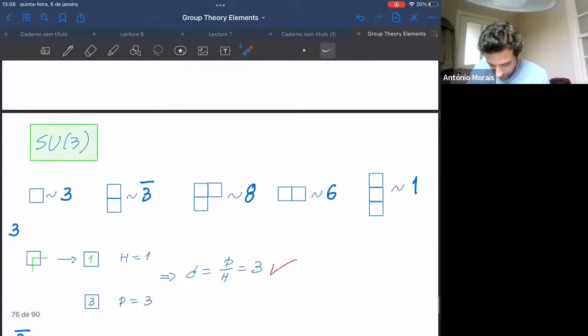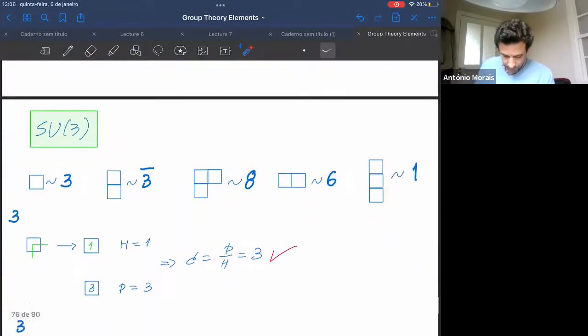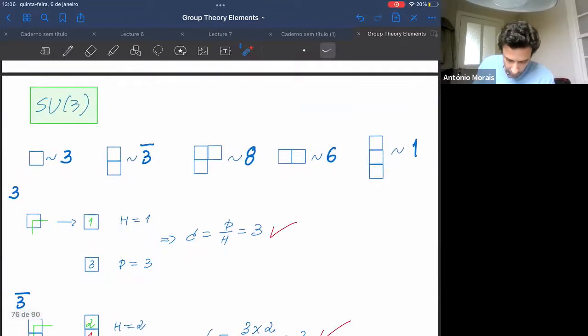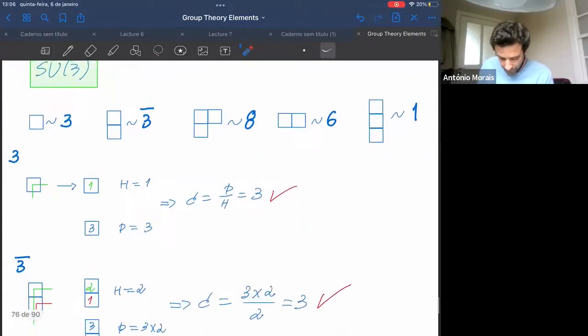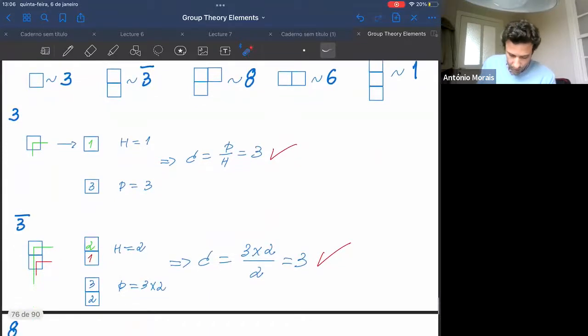What about SU3? Let's confirm these possibilities. For the triplet, again, 1 hook and n equal to 3. So P over H equal to 3. Confirms. Now 3 bar. The green hook has 2 boxes. The red hook, 1 box. Hook factor is 2.